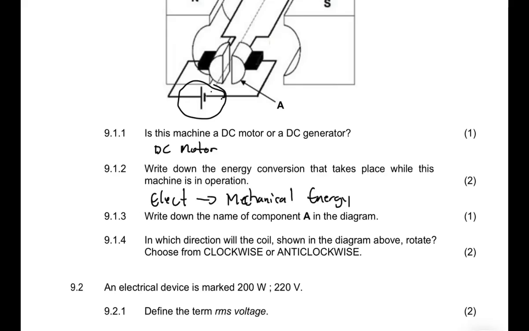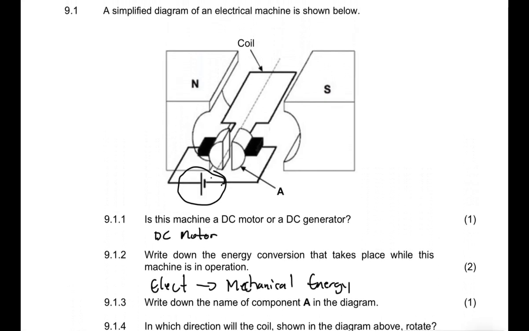And then 9.1.3 says, write down the name of component A in the diagram. Component A is a split ring because we have a DC machine. If we had an AC, it would be a slip ring, right? The difference between a slip and a split is that a split ring is literally split, right?